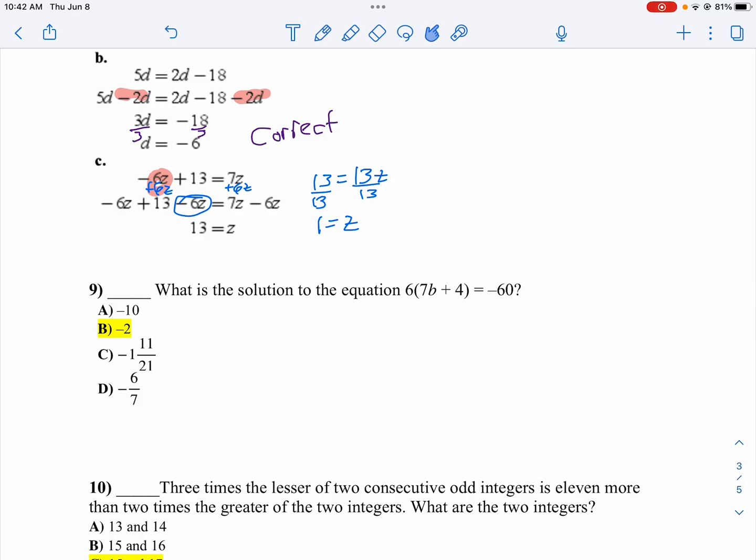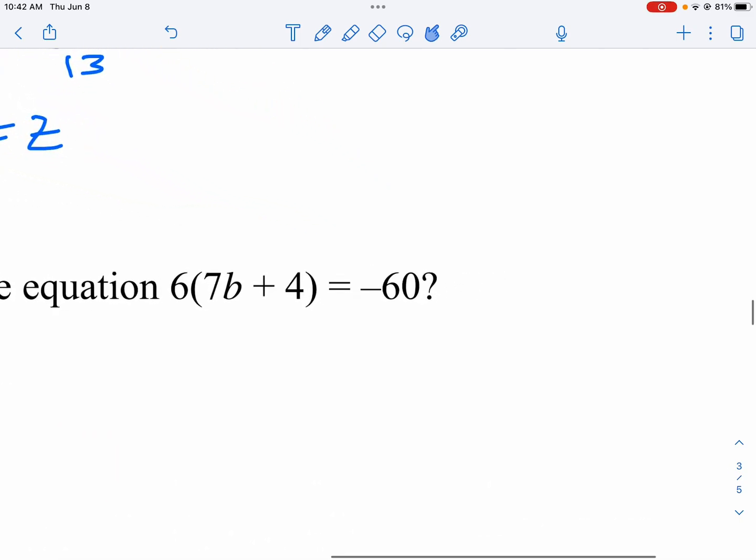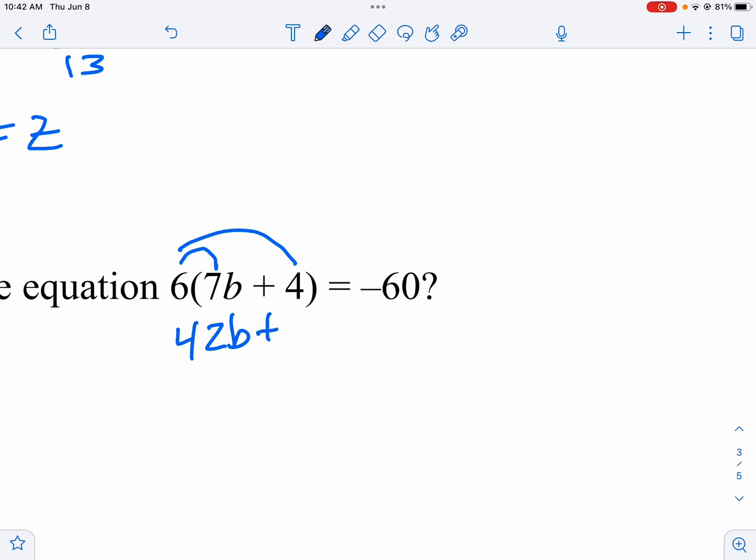On number 9, it's multiple choice, but we kind of go through the same thing. Let's distribute the 6 first. So 6 times 7B is 42B. 6 times 4 is 24, equals negative 60. Well, then we're going to solve that.